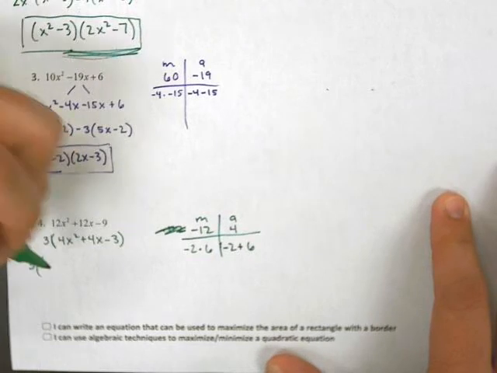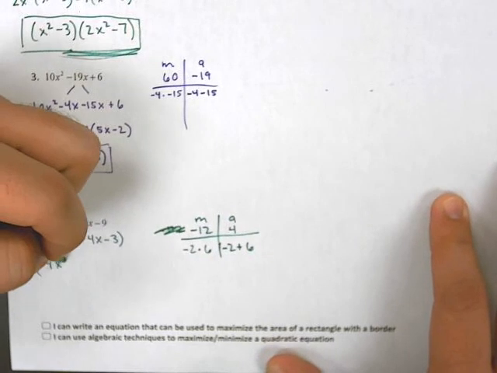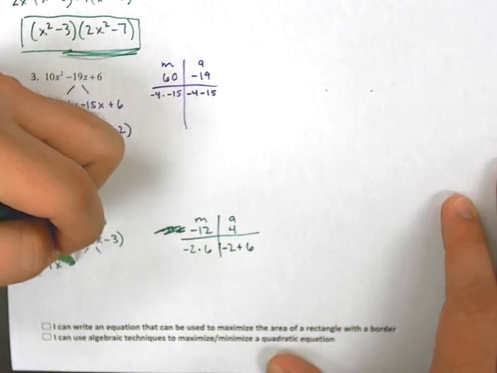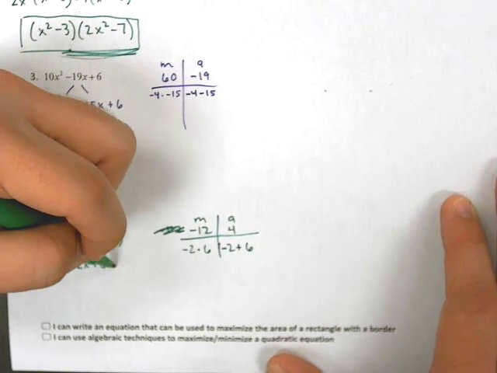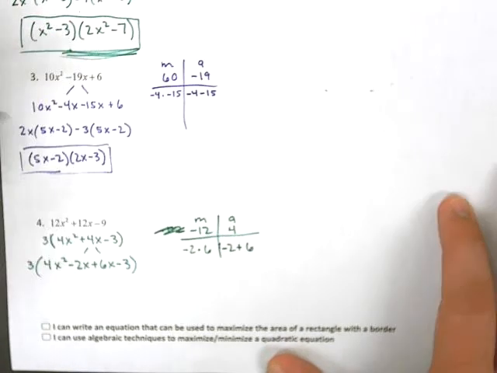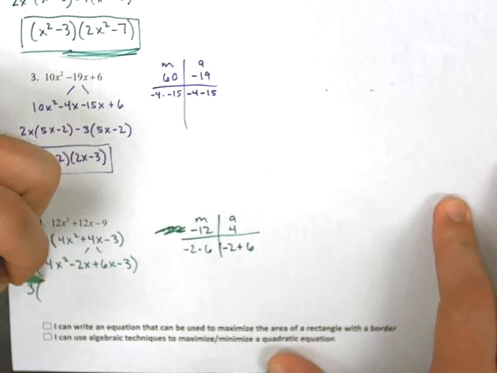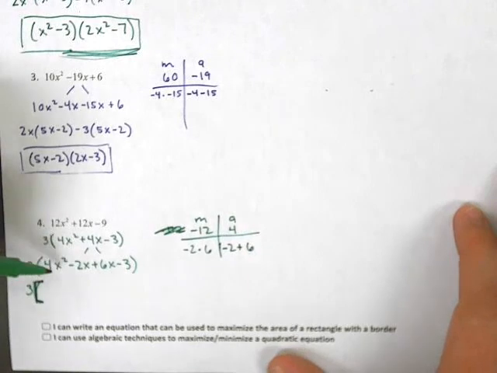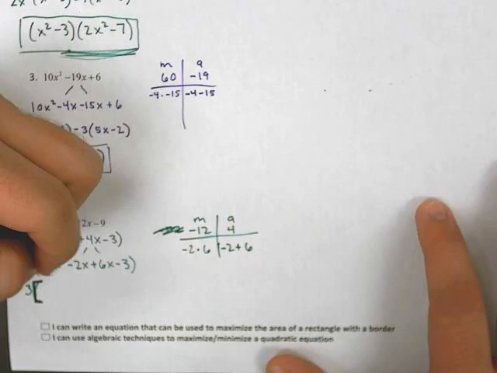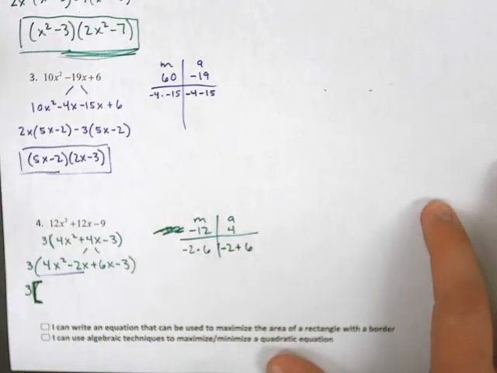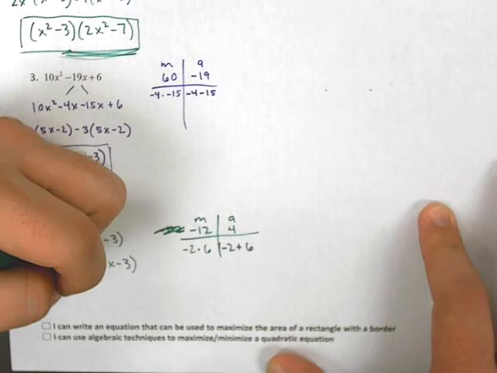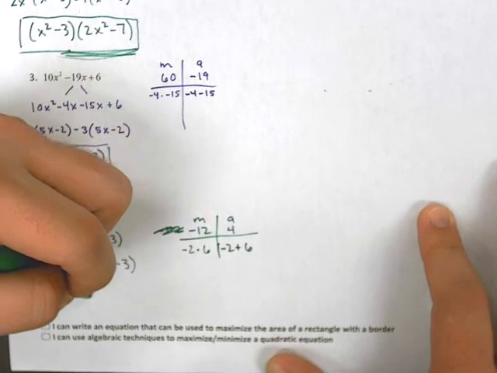Keep that 3 out there. Just keep bringing it along. So let's go negative 2x plus 6x minus 3. Actually, I'm going to go like this. Bracket. What can I take out of the first two pieces here? Just a 2x, which will leave me with 2x minus 1.